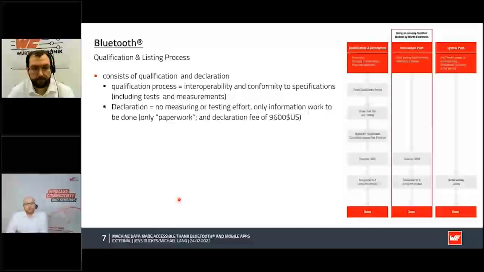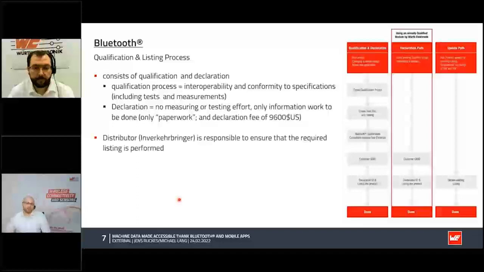It's only paperwork, and you have to do it to get, I would say, somehow the permission to use it. And actually, it costs around 9,600 US dollars to get one device series to be used in the Bluetooth world.